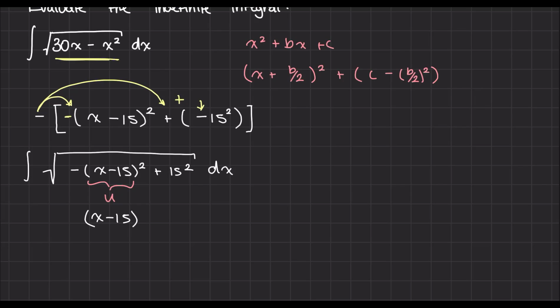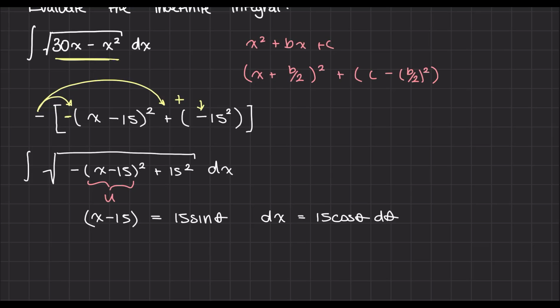And what's a? Well, a is just 15 because it's a squared. In this case, a is 15. And so we'll rewrite x minus 15 as equal to 15 sine theta. And then we can also rewrite dx, because we're putting things in terms of theta now, as equal to the derivative of 15 sine theta, which is 15 cosine theta d theta.